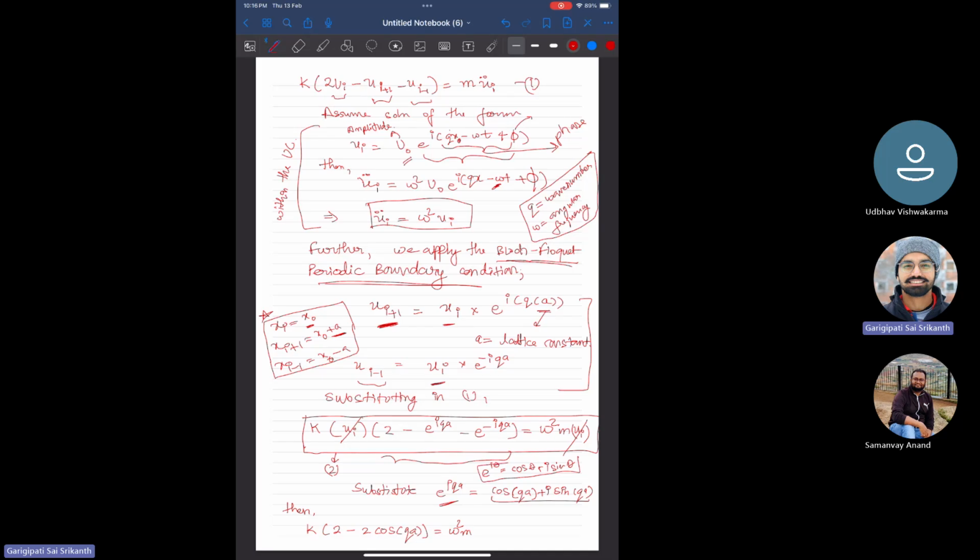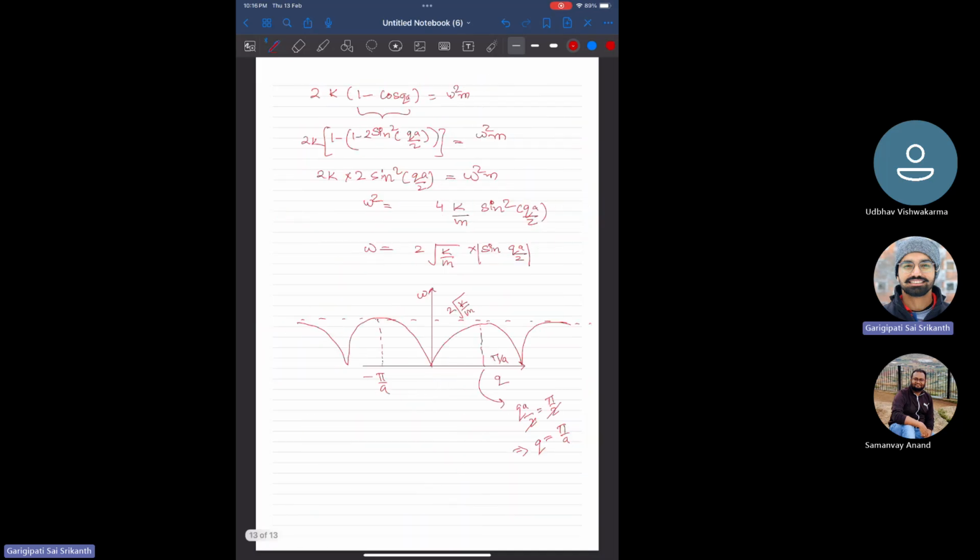We use this formula to expand this, and then we get this form, and finally this is the equation of motion. Further, we can write cos of qa as 1 minus 2 sine square of qa by 2. So we simplify this, and finally we get something of this form.